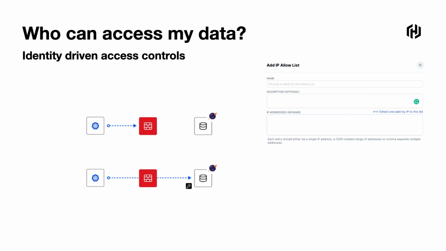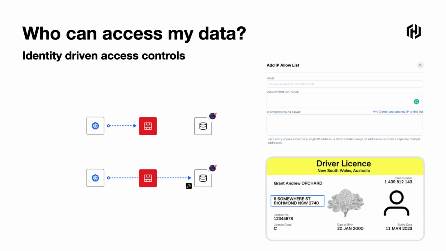Now, part of the challenge with using IPs here is that this is all coming back to the previous example that we spoke about, which is the idea of identity. When we talk about IP addresses, there's no guarantee that it's actually Grant Orchard who's trying to connect to the database, right?